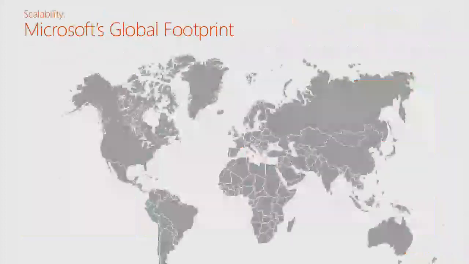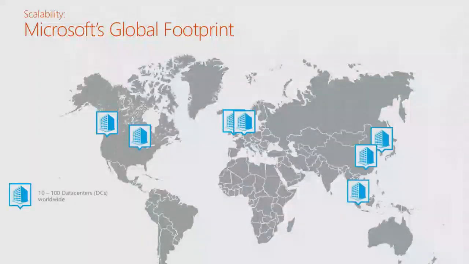When you think about it, and I'll just go quickly through this slide, but $3 billion looks a little bit like this. Now, we won't say how many data centers we actually have. We'll say between 10 and 100, which is a pretty amazing range, it could be 99 or it could be 11. So we don't tell how much we have from a data center perspective, but $3 billion is going into this infrastructure from the Microsoft side to build and run a service that we can provide SLAs to you as the customer.